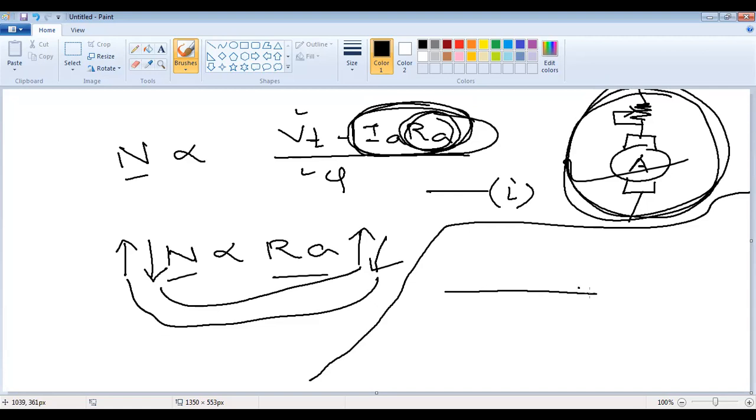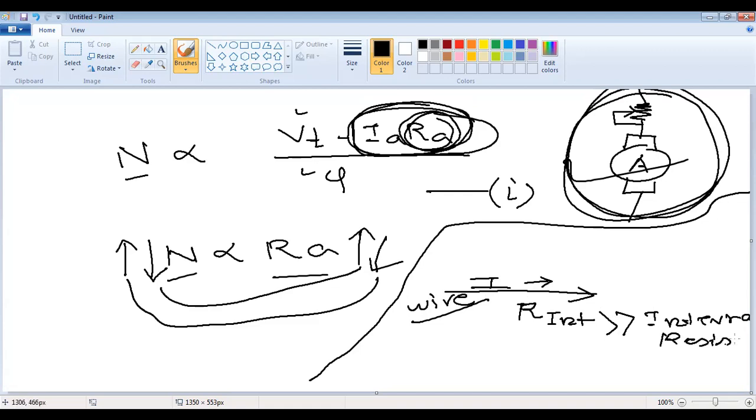This is where current is flowing, but some internal resistance is there because of the internal resistance of the wire. So some internal resistance is there.